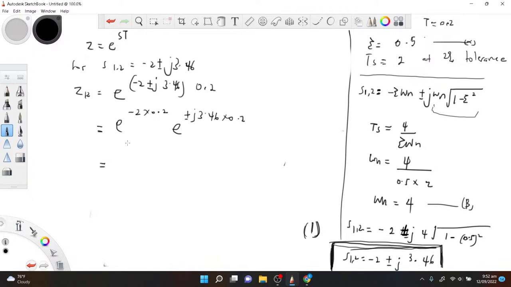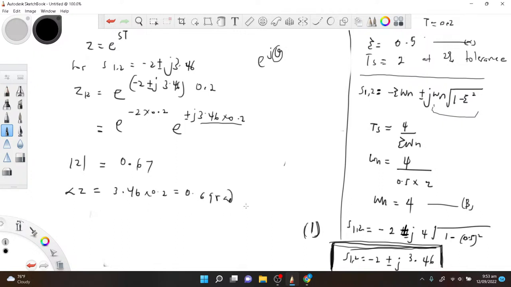Now the first part gives me my magnitude. The magnitude of z is e to the negative 2 times 0.2. Punch that into your calculator and you get 0.67. Then for the angle of z, if you have e to the j theta, the coefficient of j becomes the angle. So the angle is 3.46 times 0.2, which gives 0.69, but this is in radians.